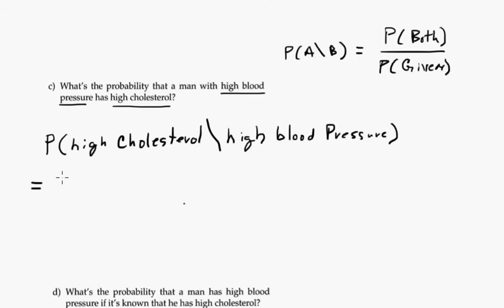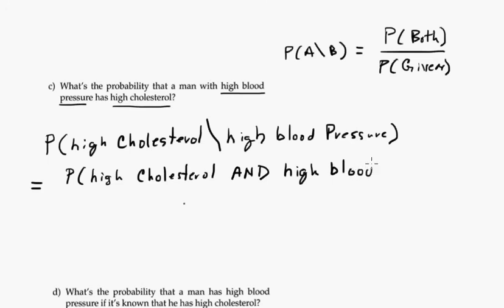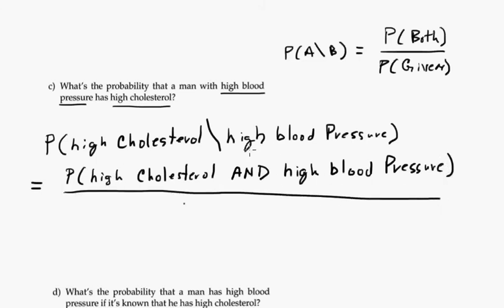So if we use this formula, we want the probability of high cholesterol and high blood pressure, and we divide by the probability of the given, which is the probability of high blood pressure.